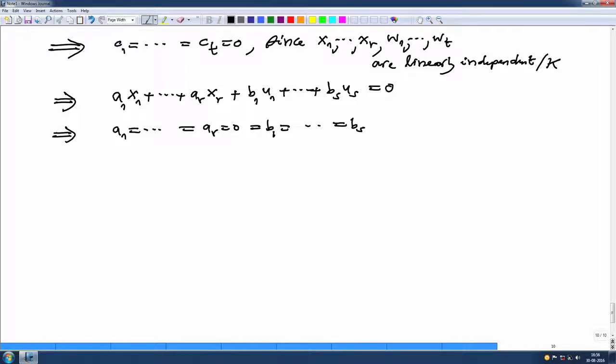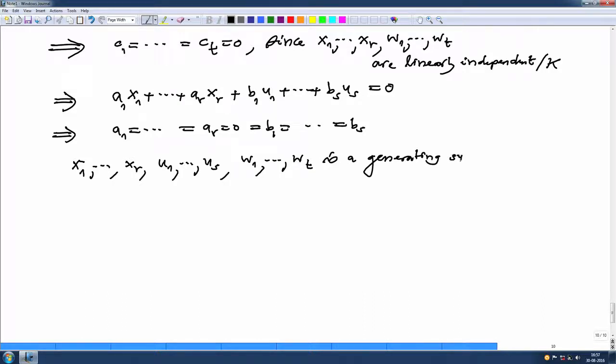Now, we want to check that this is a generating system. So, we want to check that x1 to xr, u1 to us, w1 to wt is a generating system for u plus w. That means we want to check that if a subspace contains all these guys, then it contains u and w also.